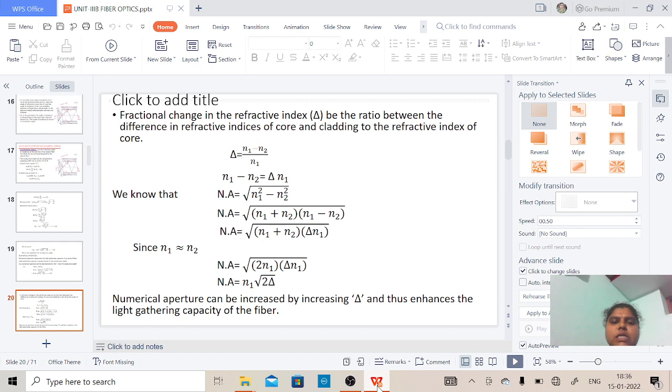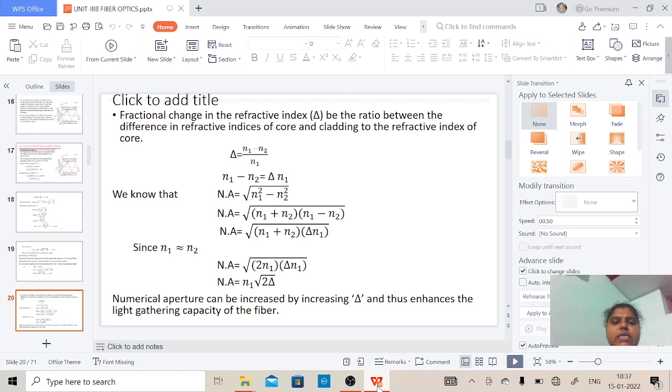Now the fractional change in refractive index, delta, is the ratio of the difference in refractive indices of core and cladding to the refractive index of core. So we are taking the ratio between the core-cladding difference and the core medium. From this we get NA equals root of n1 square minus n2 square.